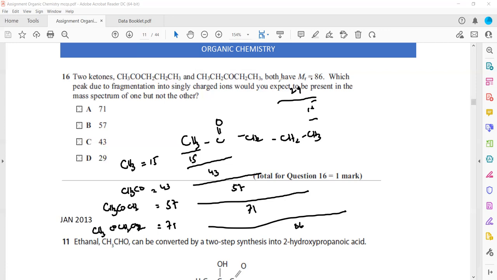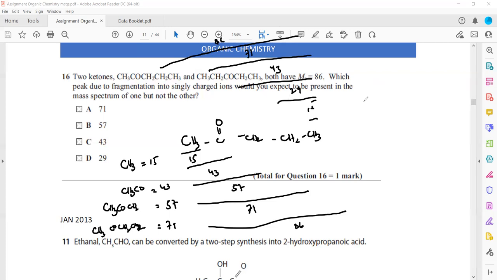Then 29 plus 14, so 43. And 43 plus 12 is 55, plus 16, so 71. And then the last, 86. So these are the peaks we'll get for the first molecule.